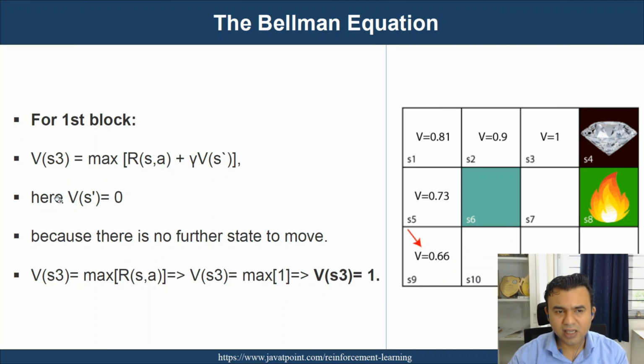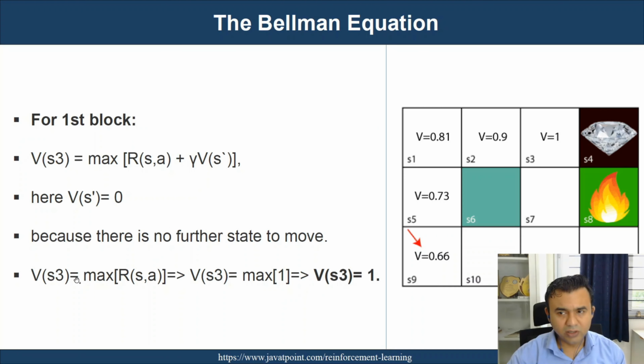Here Vs dash, the previous block's value, is 0, because there is no further state to move. So if you pick the first block, there is no further state to move. That's why it is 0.